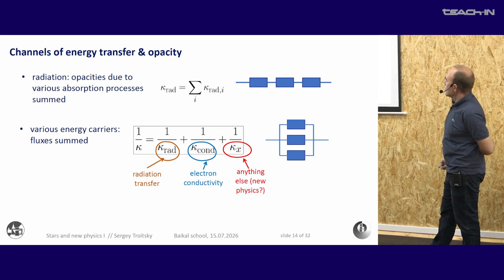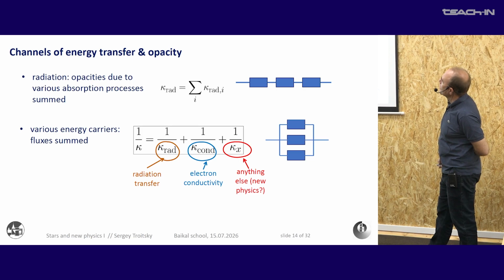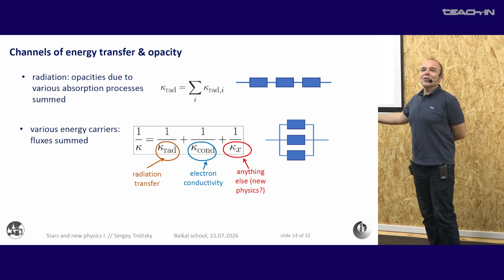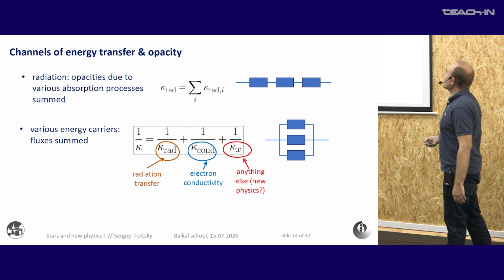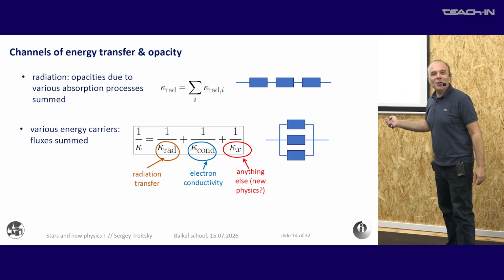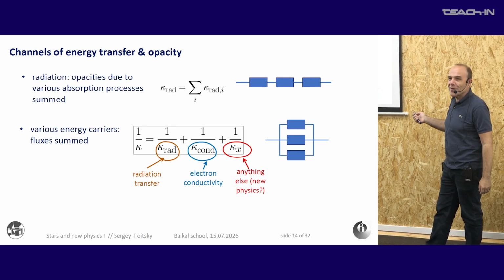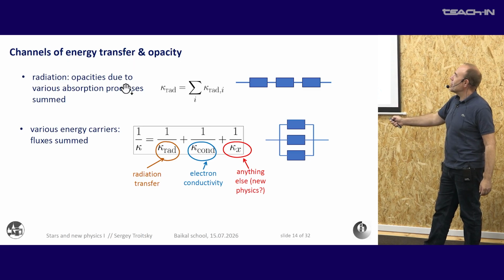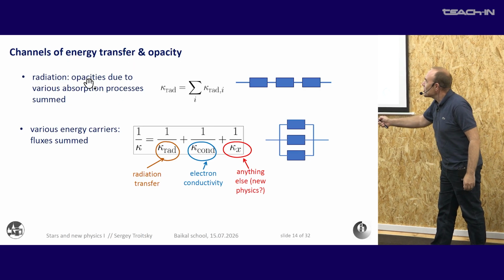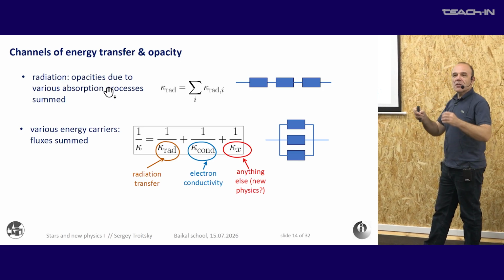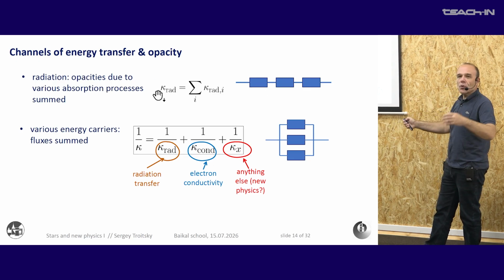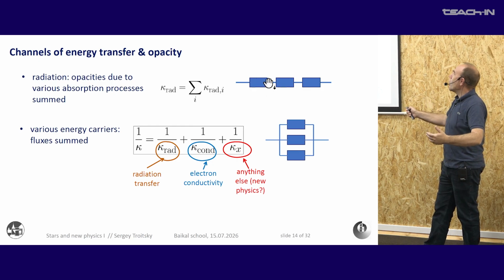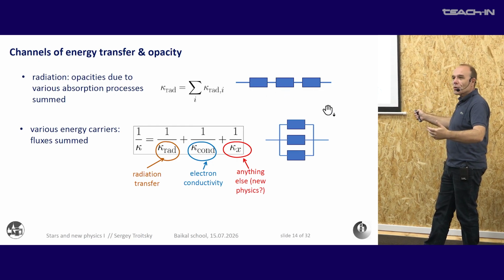But before showing you the system on the next slide, I feel another warmness in my heart because it is very close to what we all learned in school, and it is actually the same physics. If we have radiative transfer and opacities due to different processes, these opacities should sum up. A photon can leave its energy in one or another or third process.